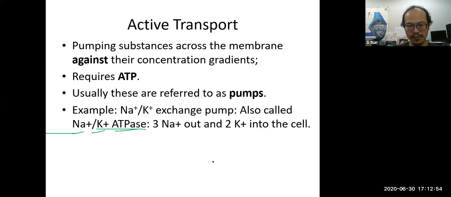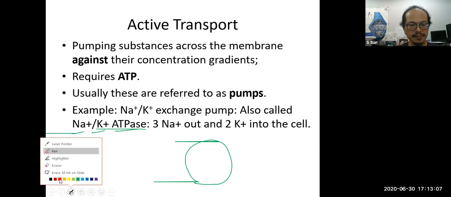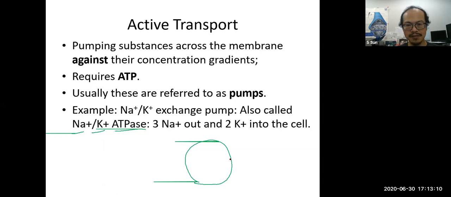So this is the cell, and this pump, say right here, will pump 3 sodium out and pump 2 potassium in.